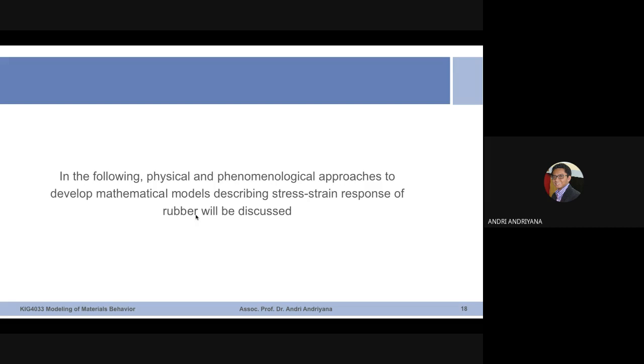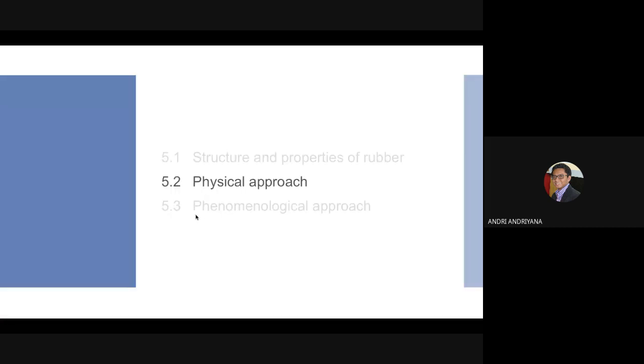The material is capable of undergoing large elastic strain, and the stress-strain response is non-linear. As I mentioned earlier, to develop the mathematical equations, I will use 2 different approaches, physical approach and phenomenological approach. For today, I'm going to focus only on the physical approach and leave the phenomenological approach for next week.